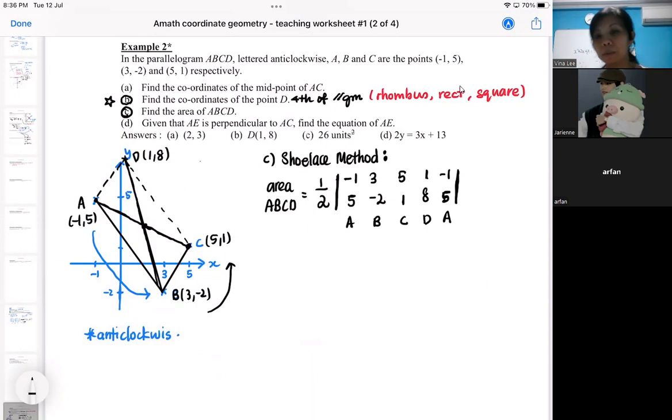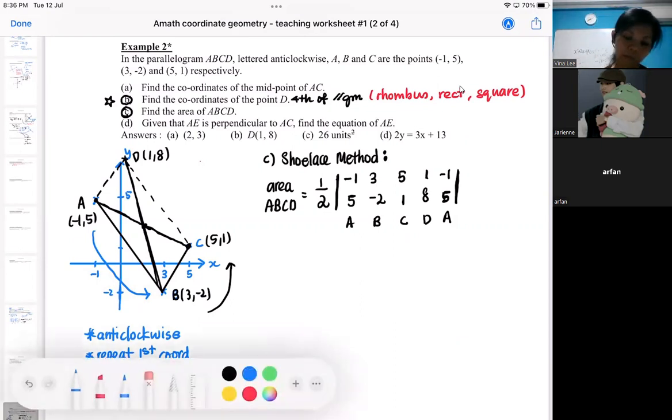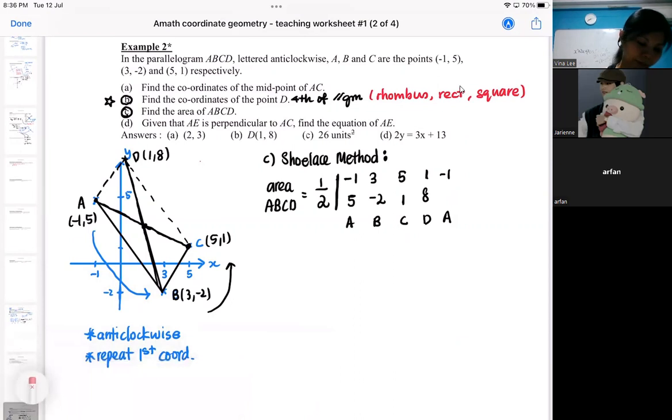So you must remember to go anti-clockwise, and you must repeat the first coordinate. So A, B, C, D, anti-clockwise, and then you repeat the first coordinate. So that is only the arrangement part.